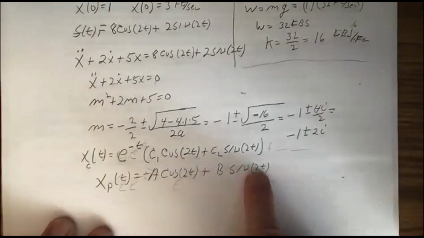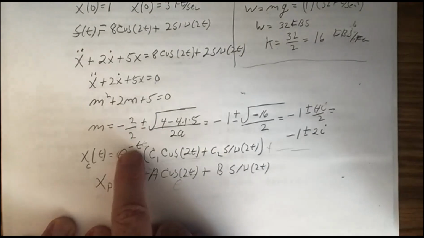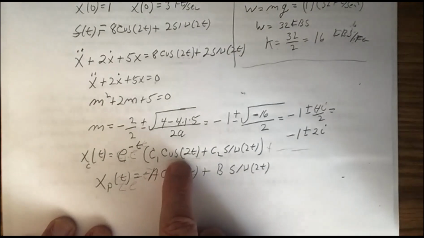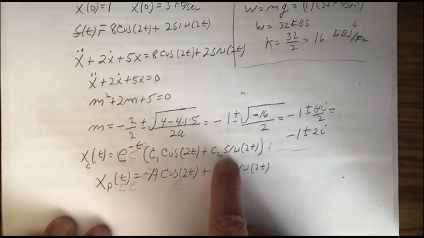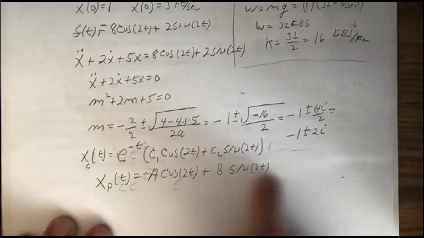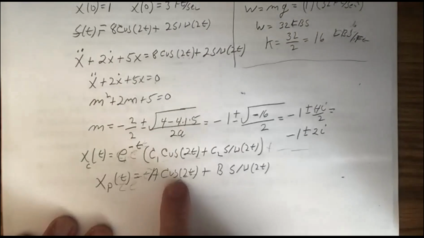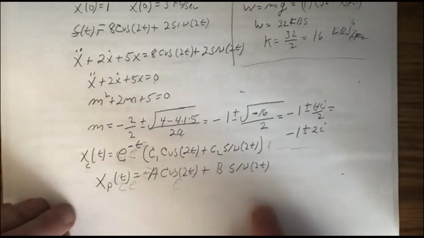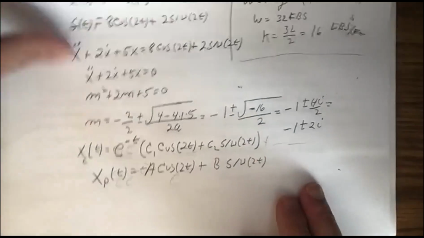I can assume a particular solution that looks like this because I have this e to the minus t here. If I didn't have this e to the minus t, and this was c cosine of 2t and this was c sine of 2t, I couldn't assume a particular solution like this, because this would not be linearly independent from this, right? Okay.